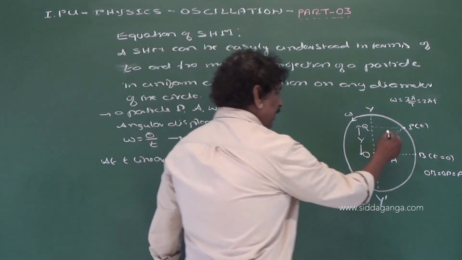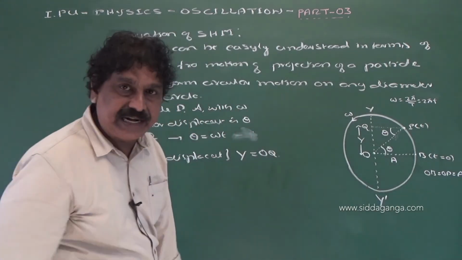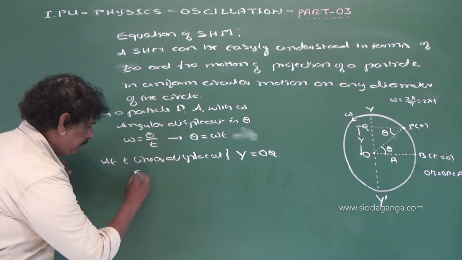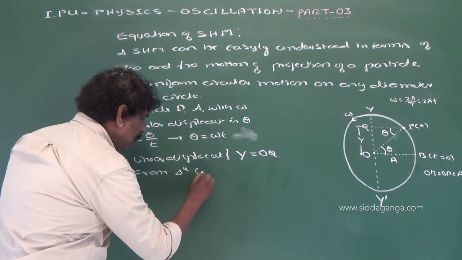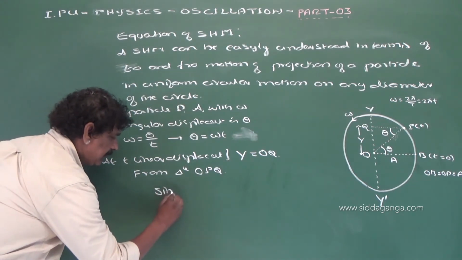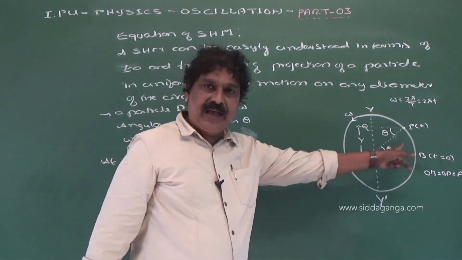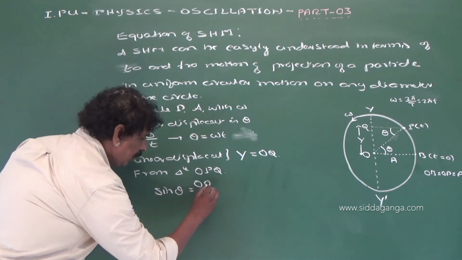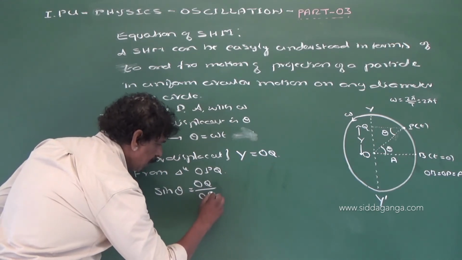Now, from geometry, this angle is theta. Now, from triangle OPQ, sin theta is equal to opposite side by hypotenuse side. That opposite side is OQ, hypotenuse is OP.